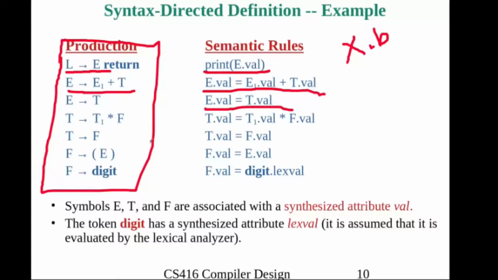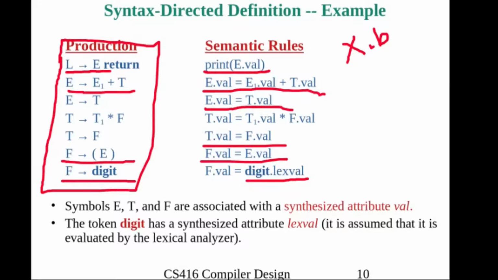And T gives F is this one, and F gives within bracket E is this one, and F gives digit: look at this, F dot val is equal to digit dot lexval. The token digit has an attribute lexval, and that lexval is evaluated by the lexical analyzer.